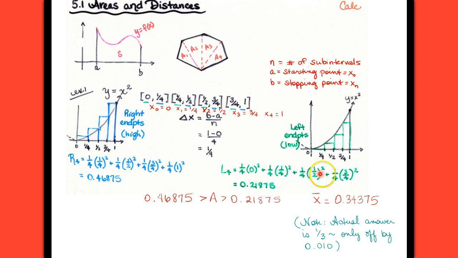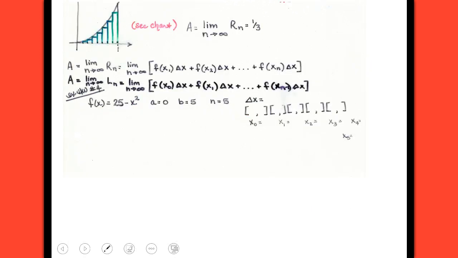We did not, however, use that last value. We did not use x sub n. So we would start with x sub 0, and we would stop with the next to the last value, x sub n minus 1. And that's exactly what our formula says. Start by plugging in x sub 0, and stop when you get to x sub n minus 1.